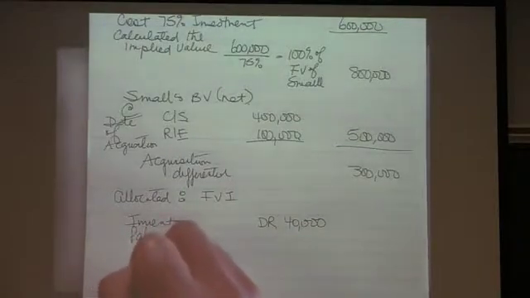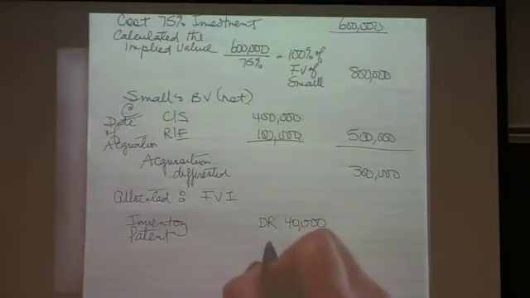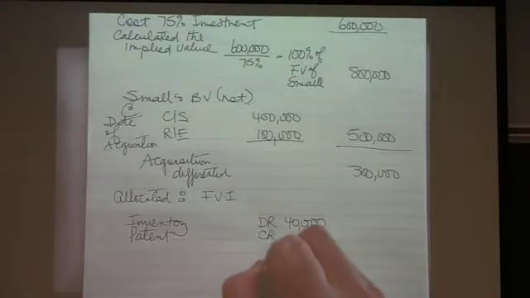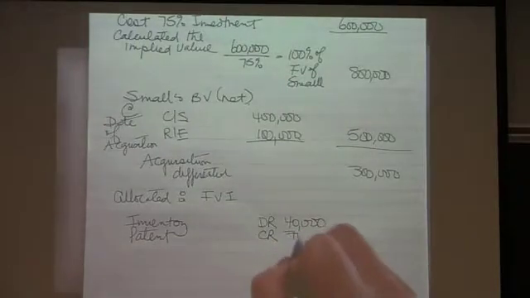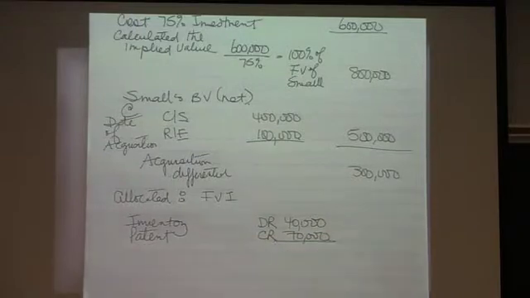Patent, on the other hand, has been overvalued, so we need to credit the patent. That gives us a net fair value increment of $30,000. So that's a net credit, isn't it?